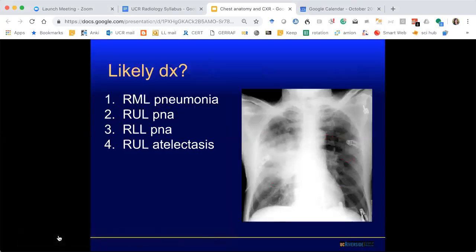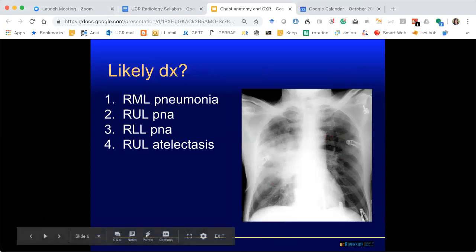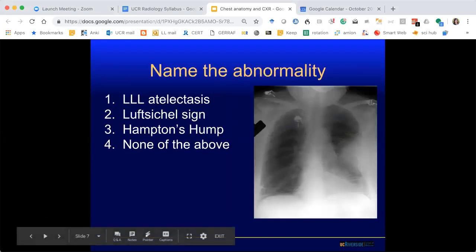What's the likely diagnosis in this case? A right middle lobe pneumonia, right upper lobe, right lower lobe, or right upper lobe atelectasis? Okay, right middle lobe, good. What is the abnormality that we see in this case, or the name of the sign?